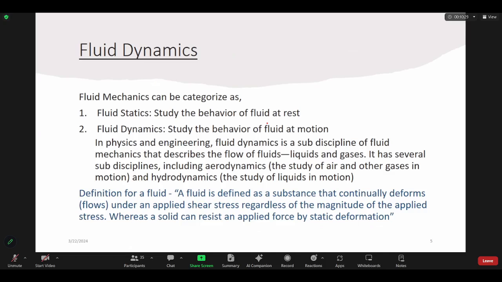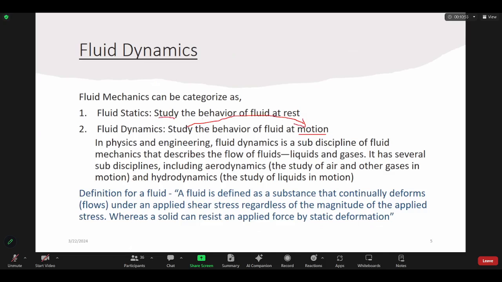Fluid statics means we study the behavior of fluid at rest, meaning there is no motion inside the fluid.